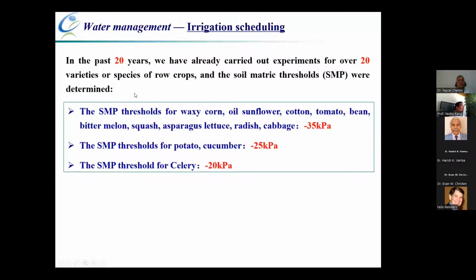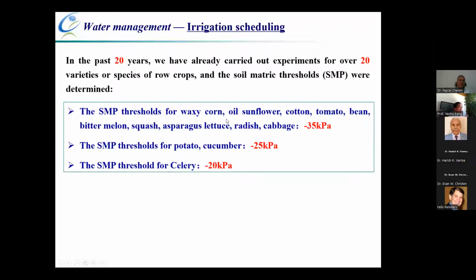So, in the past 20 years, we have carried out experiments on over 20 varieties or species of row crops, and the soil moisture potential thresholds were determined.